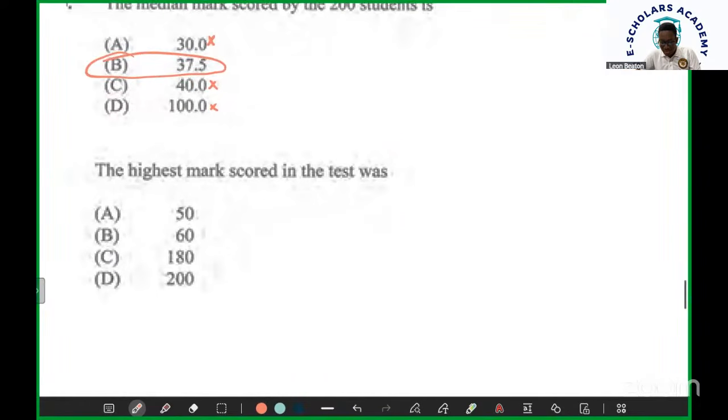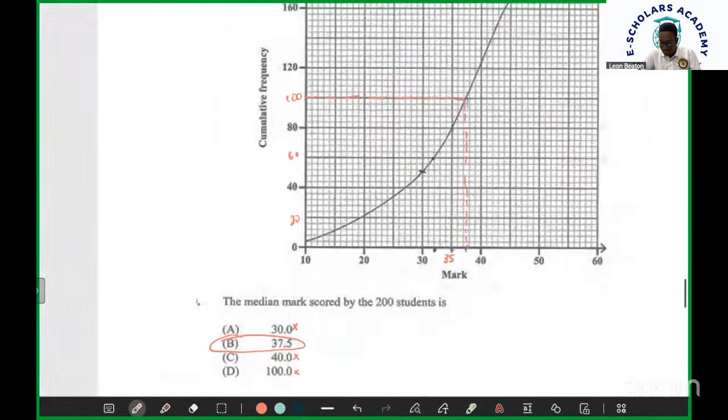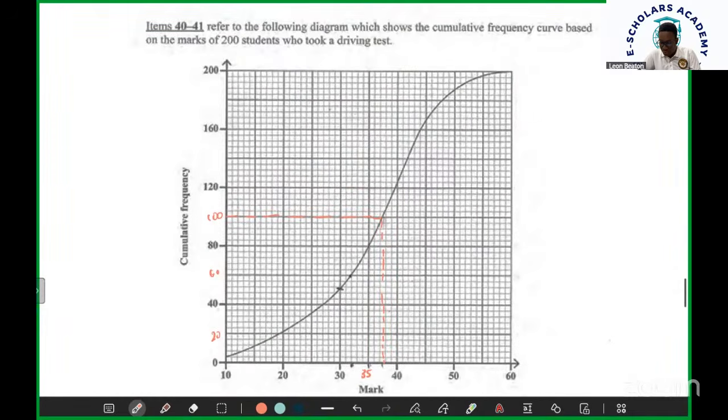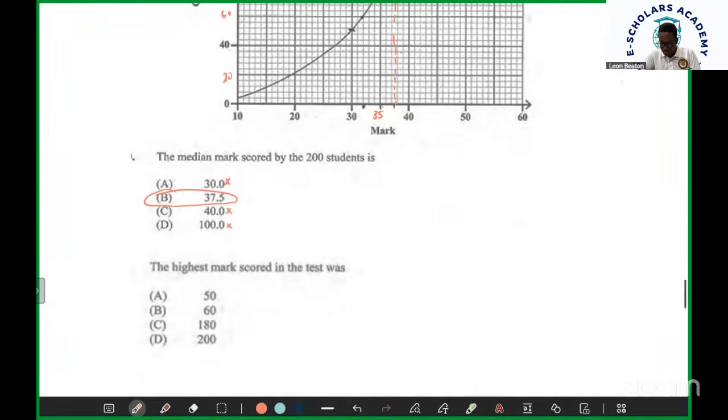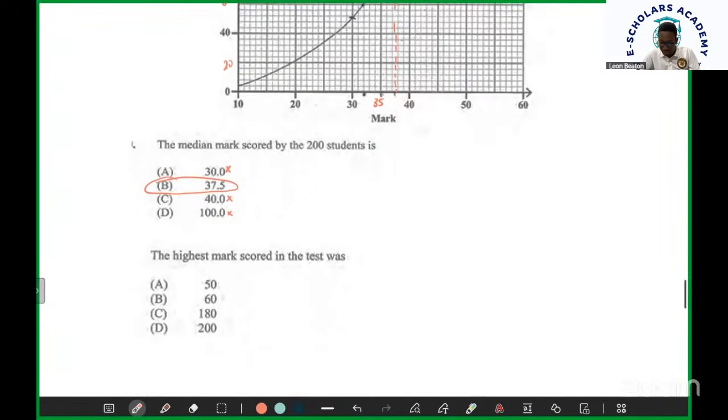So the highest mark scored in the test was, what's the highest mark scored?